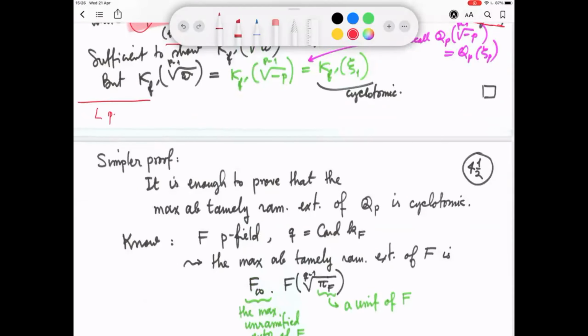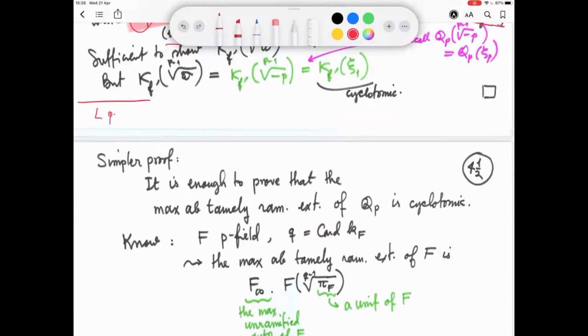So here's a simpler and more conceptual proof. If it's a tamely ramified abelian extension, it will be contained in the maximal tamely ramified abelian extension of Qp. So it's enough to show that this maximal one is cyclotomic. Then, of course, all sub-extensions of a cyclotomic extension are cyclotomic.